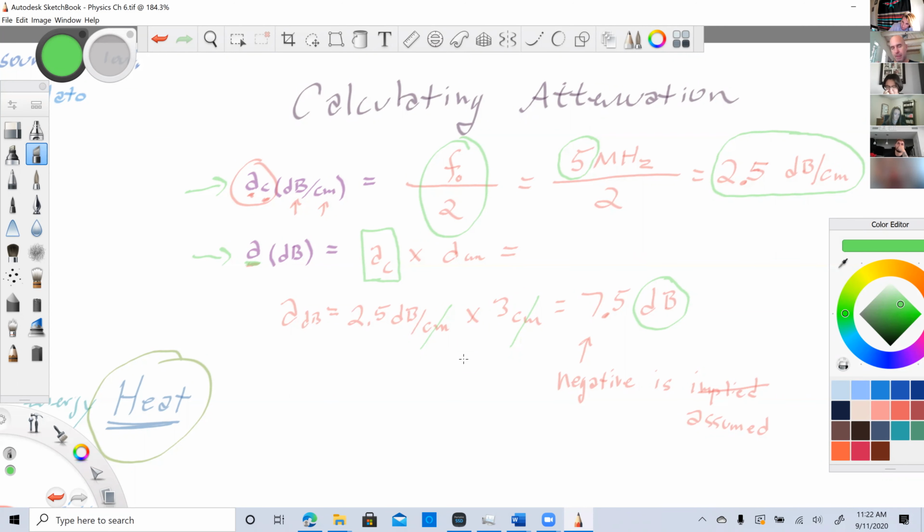Towards the end of the chapter, we talk about reflection versus transmission.